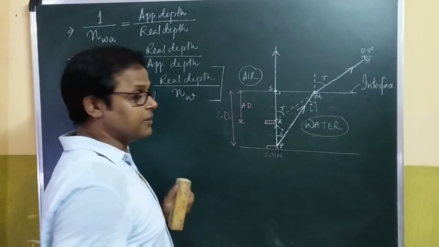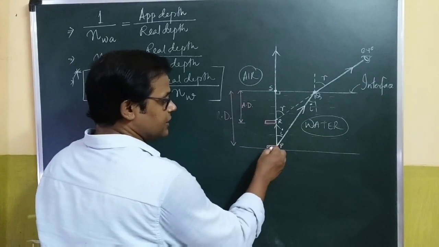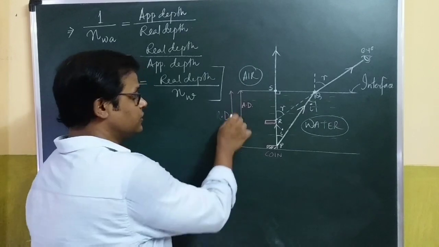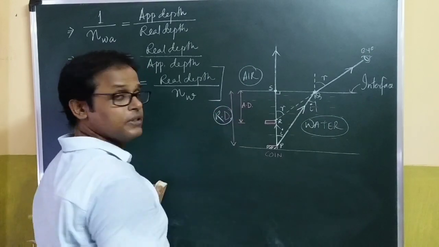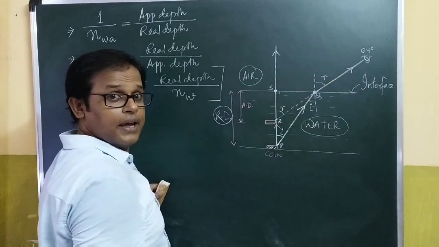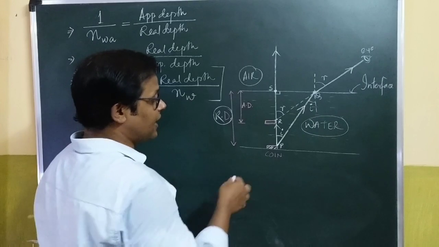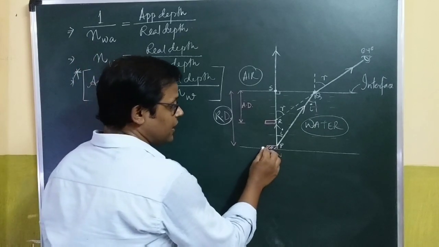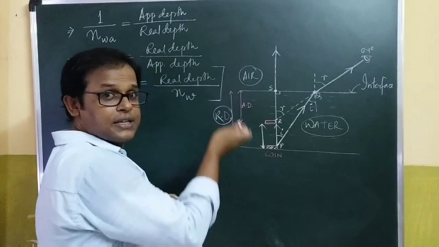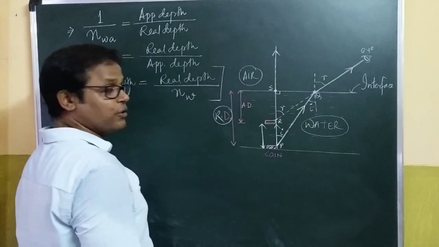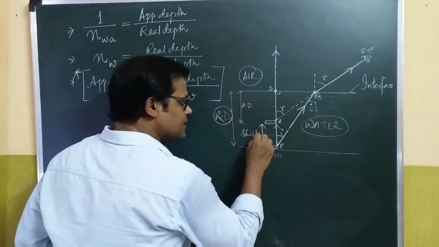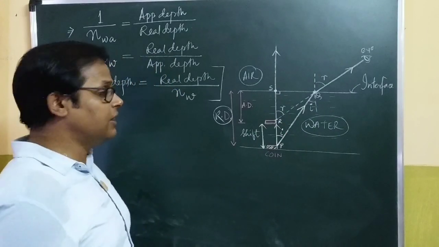Alright. So now what has exactly happened? Coming back to the diagram, the actual object is here, the coin or whatever it is, right at the floor. It is the actual real depth. But to you, the outsider viewing from the air medium, the object has slightly shifted from here to here. This change in the position of the image, what I get to see as an illusion, is what we call the shift in the position.